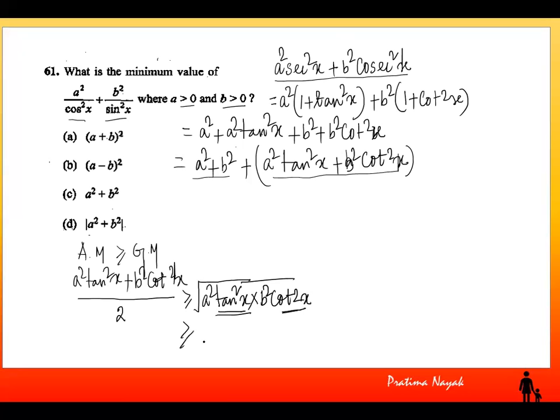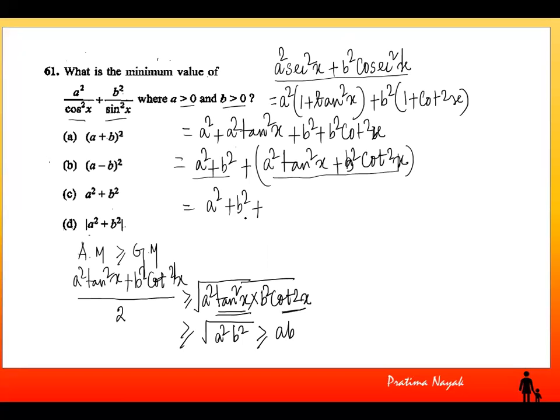So this will be under root a square b square, which is the same as ab. So I'll write this is equal to a square plus b square plus something, and this value is greater than or equal to ab.